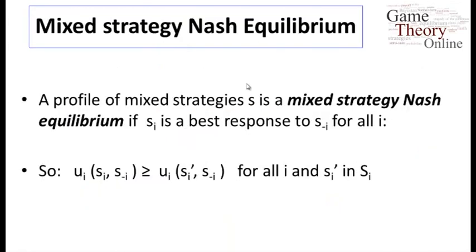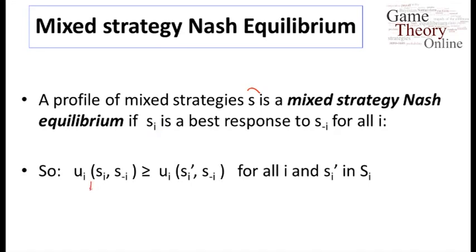Okay, so our definition of mixed strategy Nash equilibrium is analogous to what we had before in terms of pure strategy Nash equilibrium, except now we're dealing with the randomized strategies and the associated payoffs. So we say that a profile of mixed strategies s is a mixed strategy Nash equilibrium if a given player's strategy s_i is the best response to the mixed strategies of all other players.